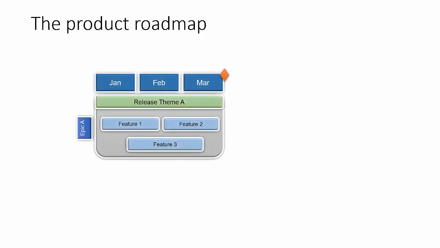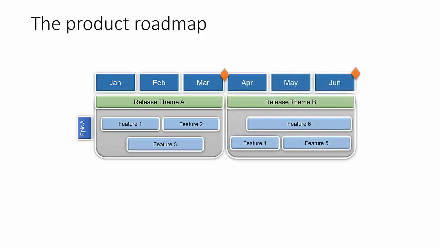There is an idea of what needs to be delivered, and there might be a milestone by which we need to deliver it. Something like this, for example. We have a key release, a key milestone, in this case at the end of March, and this key release needs to have 3 specific features that are delivered. Each of those features will then be broken down into stories and tasks and things that we need to perform.